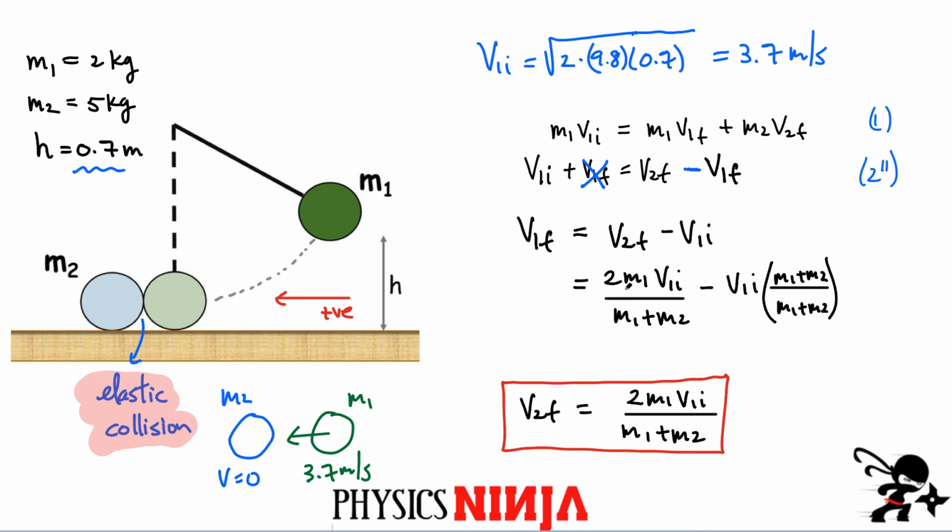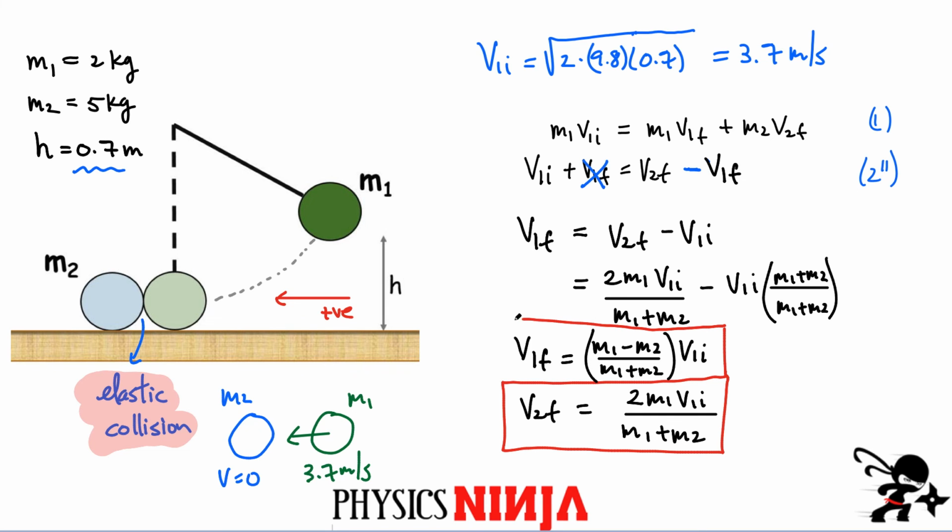You can see here you have 2m1. Here I have 1m1, except it's negative, so don't forget that. My final expression for v1 final should have m1 minus m2 in the numerator divided by the same denominator, m1 plus m2, all of it multiplied by v1 initial. So I'm going to box that one up too.